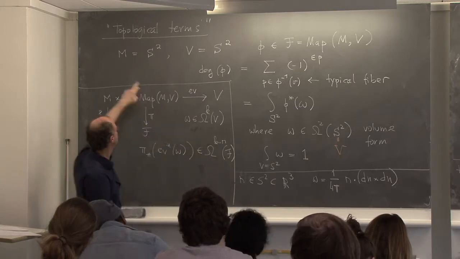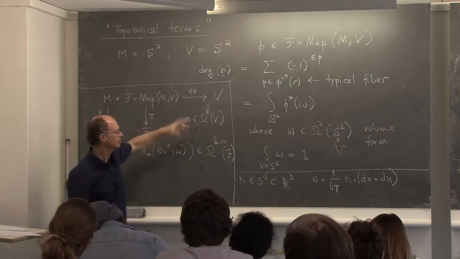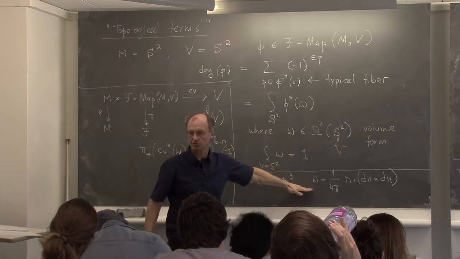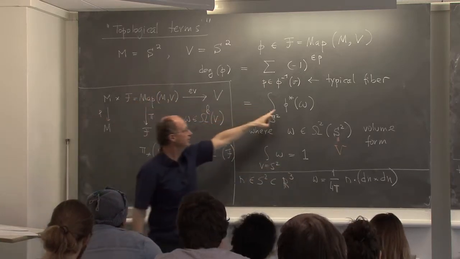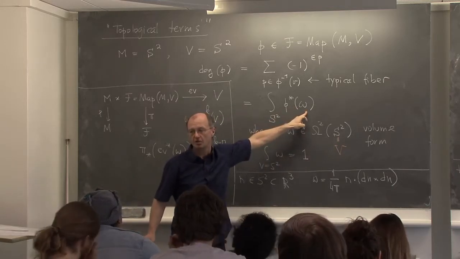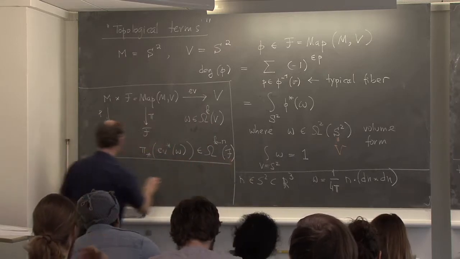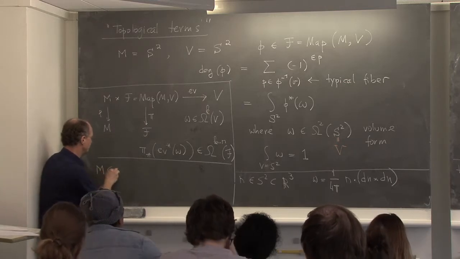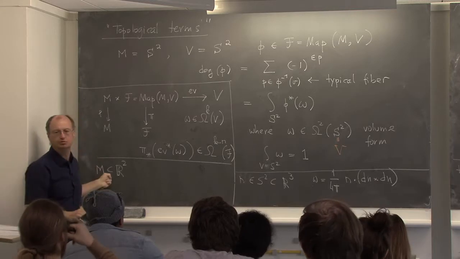So note that I started with M equal to S2. So therefore, if I run this construction, this will give me the value of the degree of such a map. But what I can do, I can also take M to be some domain of R2.